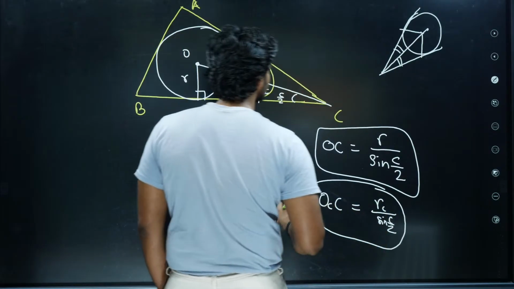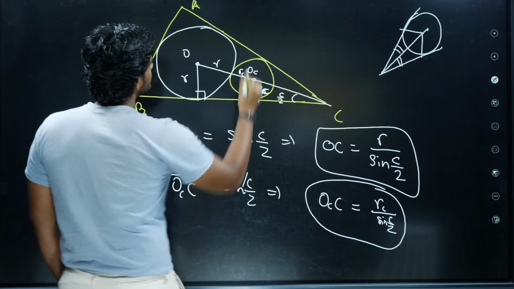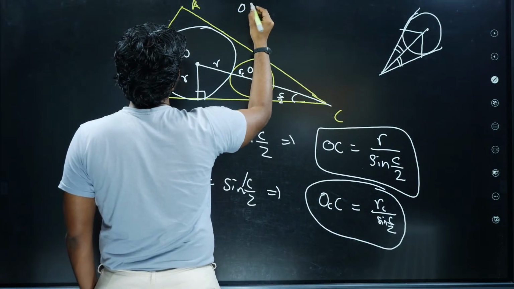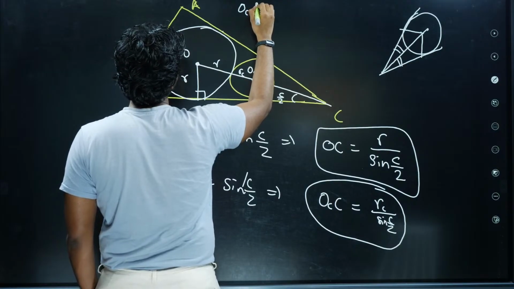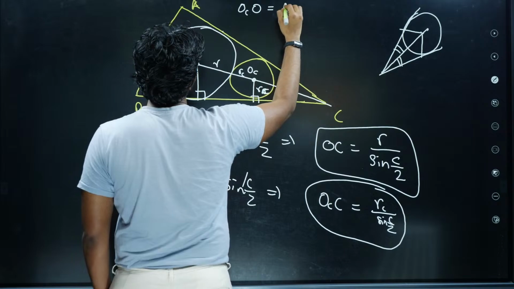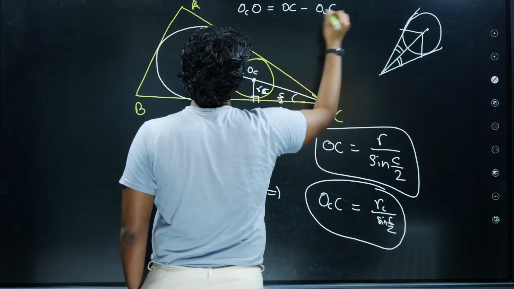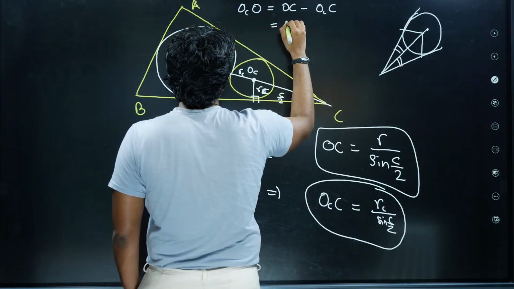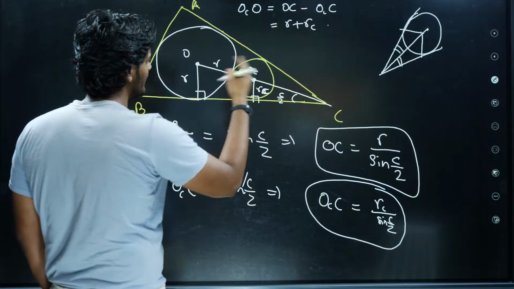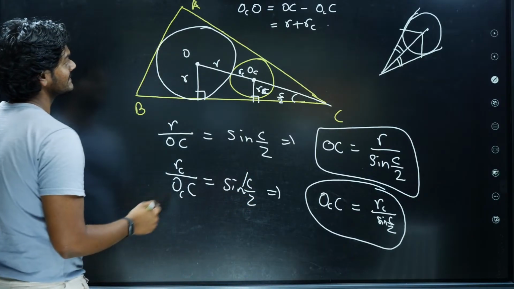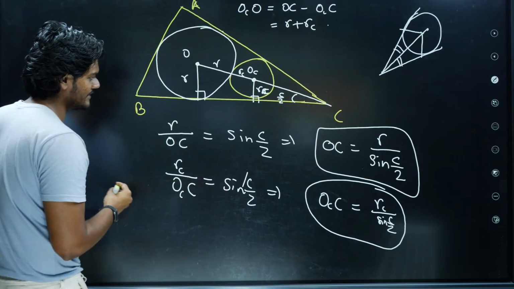Why am I doing this? Because the difference is known. This is R, this is RC. So OC minus OCC is R plus RC. That's very funny when I say this, but that's how it is.